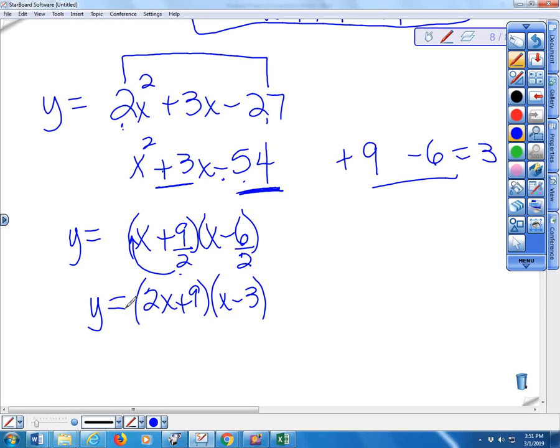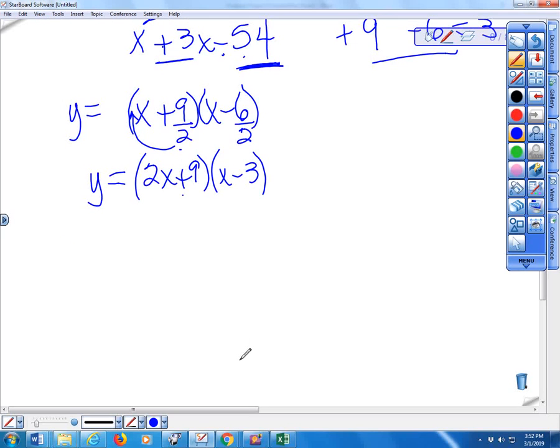Okay, this is factored form, which is intercept form. And the reason it's intercept form is once it's factored, I can tell you, looking at it, what the x-intercepts are. This is -9/2, this is +3. We'll talk about that a little bit later when we have to do the roots. But getting it into intercept form will let me see the intercepts or the roots or the zeros right away just looking at it.